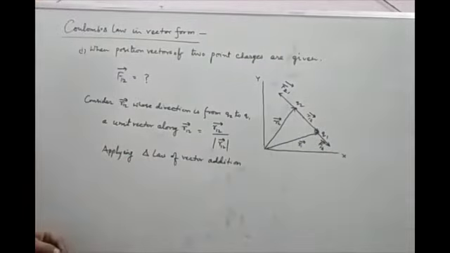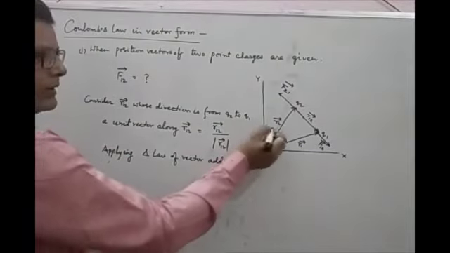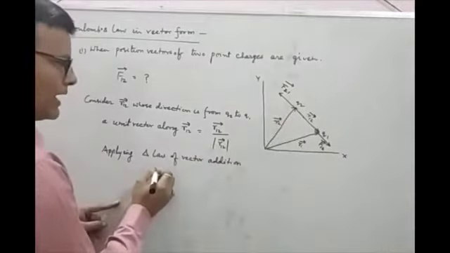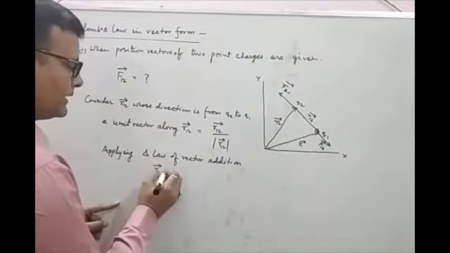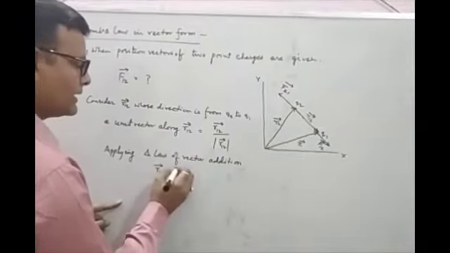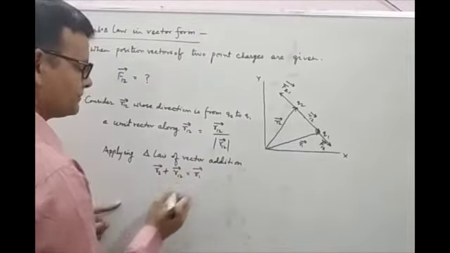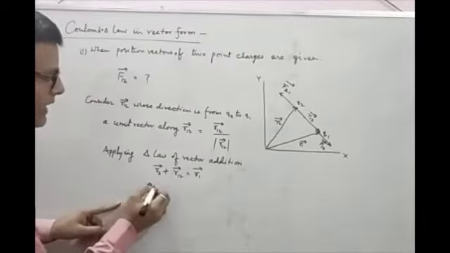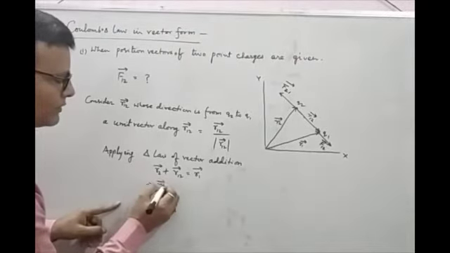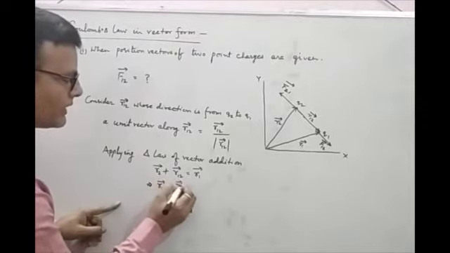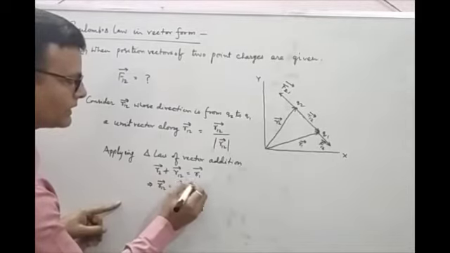This implies R12 vector is equal to R1 vector minus R2 vector.